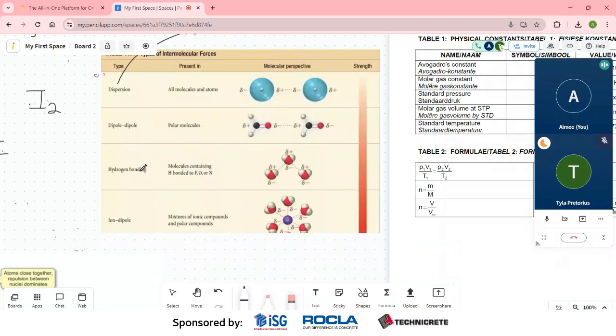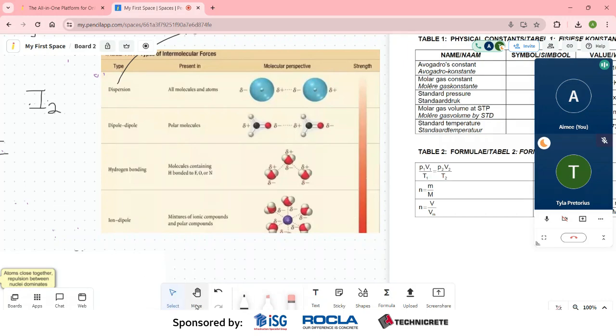Hydrogen bonding is in molecules that have hydrogen bonded to either a fluorine, oxygen, or nitrogen. And ion dipole is when you have an ionic substance and a polar substance and they form bonds, okay? You can also see that there is increasing strength. So dispersion are the weakest, then it's dipole-dipole, then hydrogen bonding. Remember, hydrogen bonding is a type of dipole-dipole, but it's a special type that is stronger. And then your ion dipole, which are your strongest forces, okay?